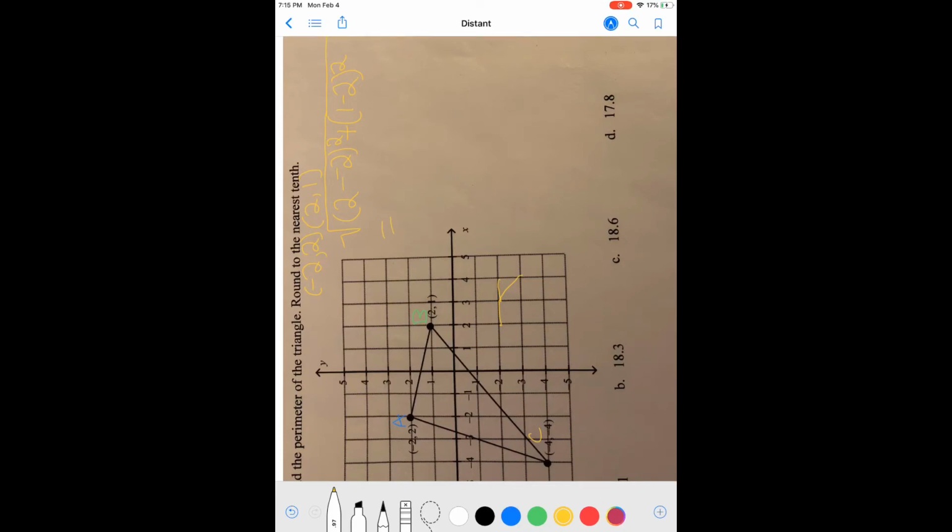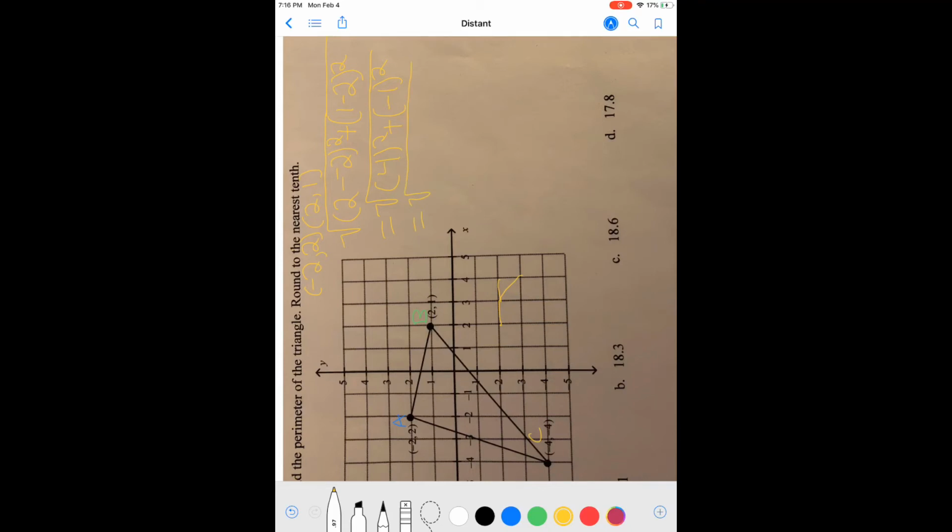We simplify this to get the square root of, instead of 2 minus negative 2, we get 2 plus 2, which is 4 squared, plus 1 minus 2, which is simply negative 1 squared.